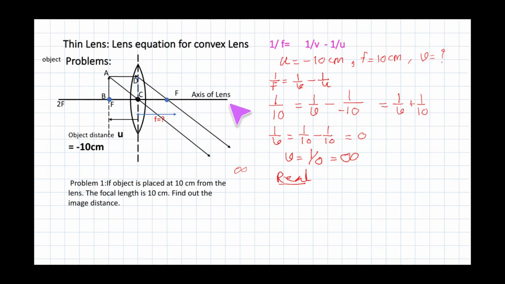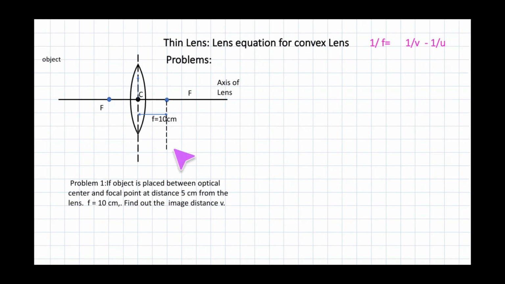Obviously the rays are in this direction, so the image formed will be inverted, and it is a magnified image because the size of the image will be very, very large. So the image will be real, inverted and magnified, and it will form at the distance infinity. So this way you can find out or solve the problems.